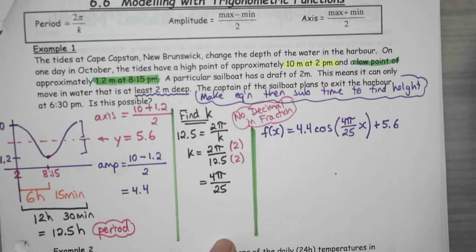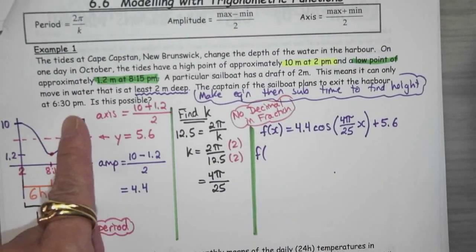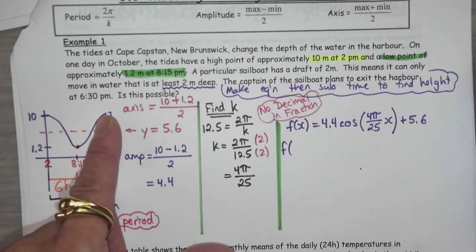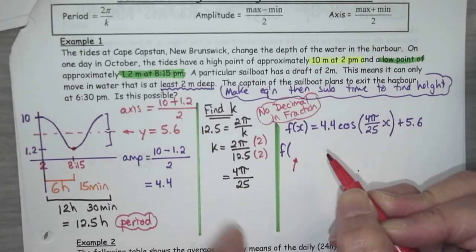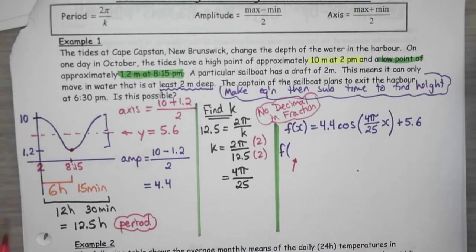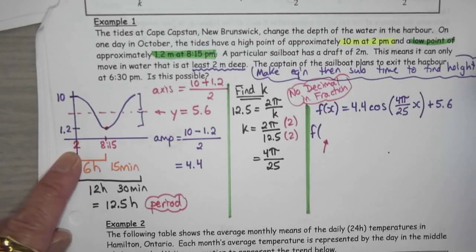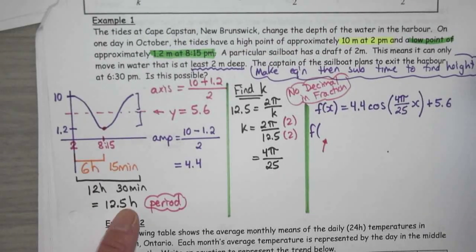Now we're going to sub in, so we're going to go f at, now don't sub in 630. That doesn't match, right? What do I have to sub in here? We started the graph, that's why I like to picture it. So let's look at the graph again. We started the graph at 2, so 630 means, and you have to convert it to hours or minutes, depending on what your graph is at.